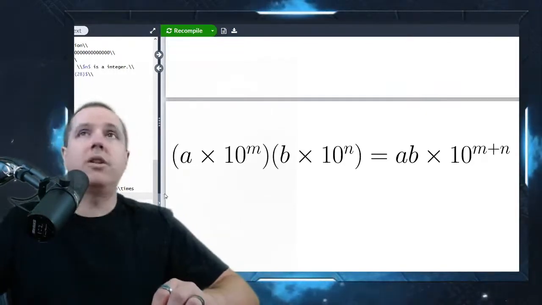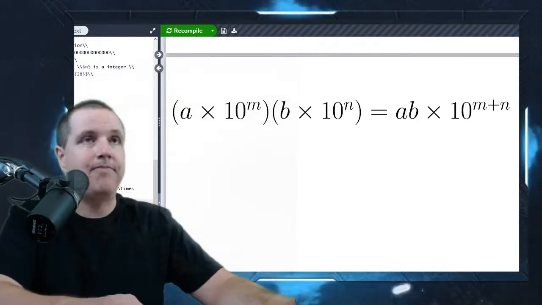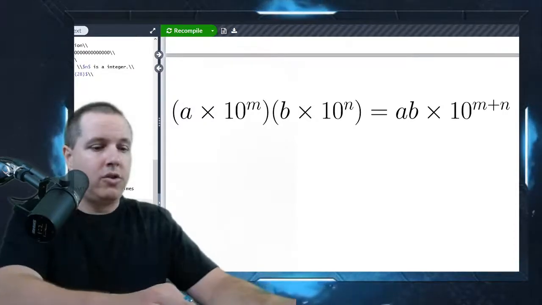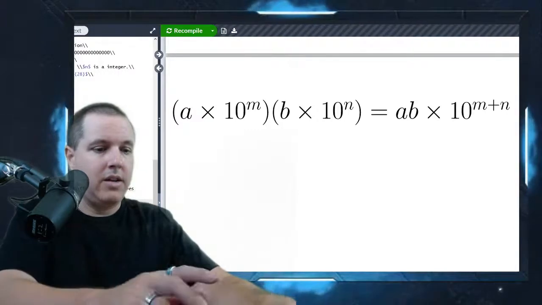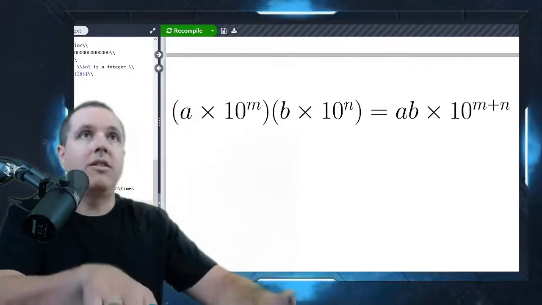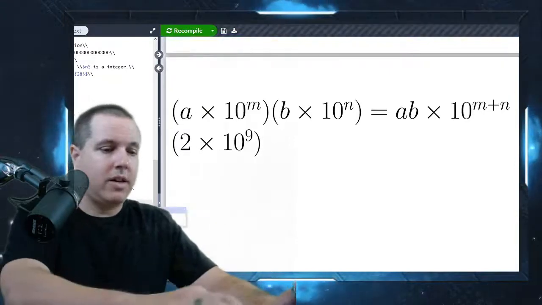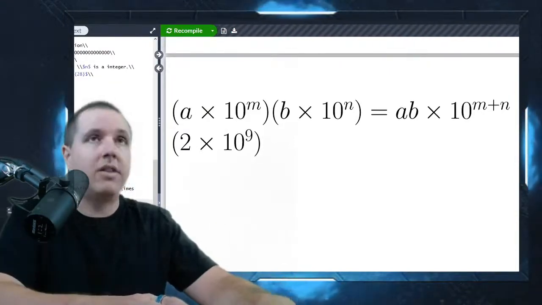So there's your formula. That's how you're going to do it. So let's do an example. I'm going to do a couple examples, but all right, let's say we've got 2 times 10 to the 9th, and then I've got 3 times 10 to the 7th.